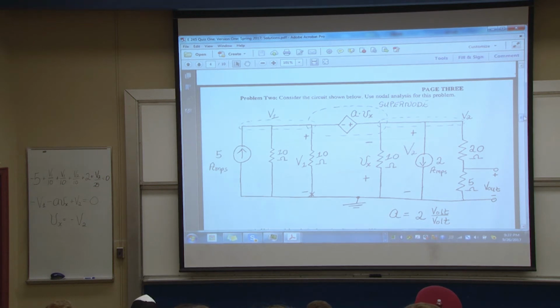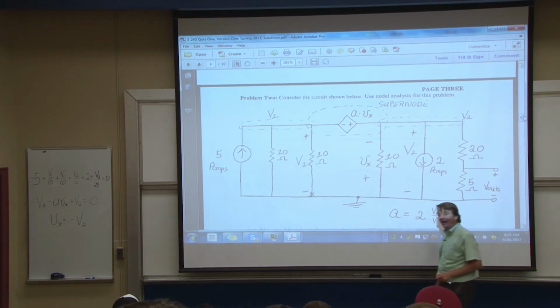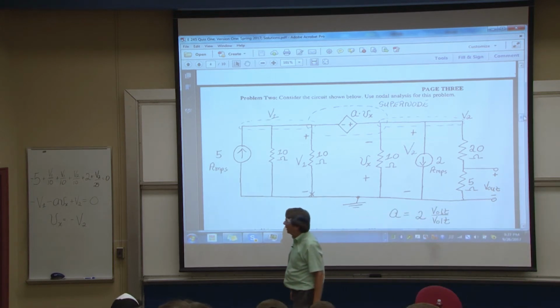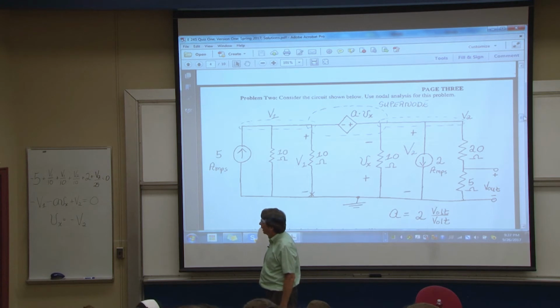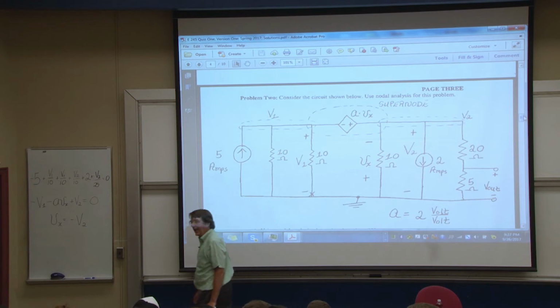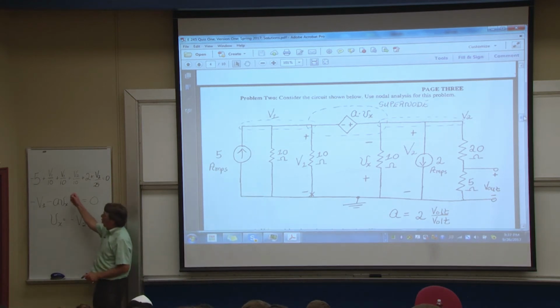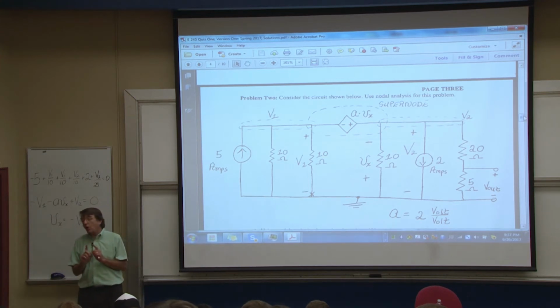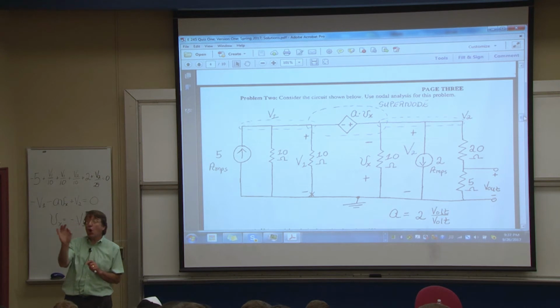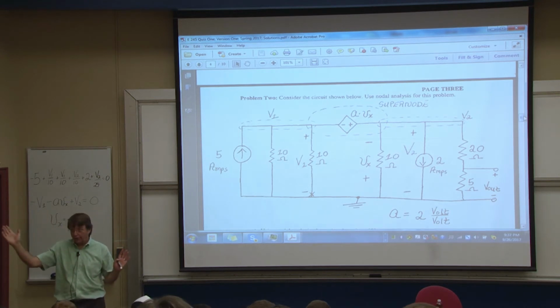Now, the next thing, how can I be of assistance? Okay, in the first equation, why are you using current, and in the second equation, you're using voltage? Excellent. That's an excellent question. The question is, why am I using all current here and voltage here? That's because I started out doing nodal analysis, which is current.